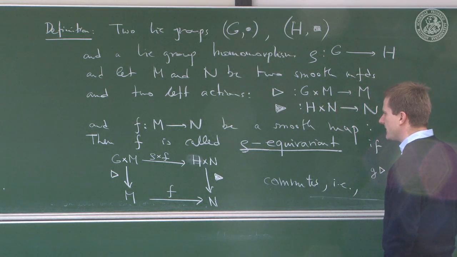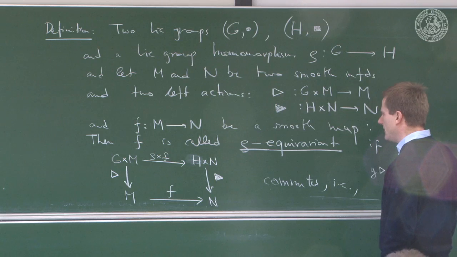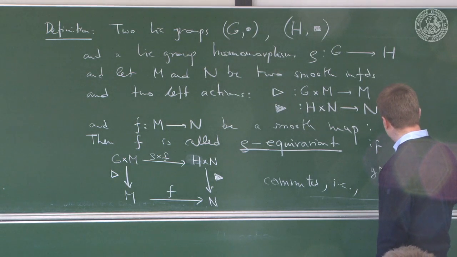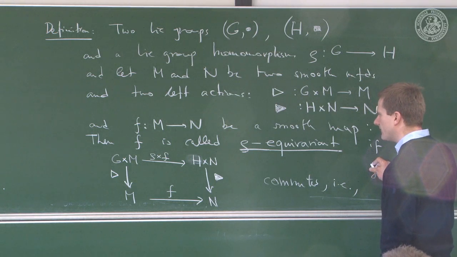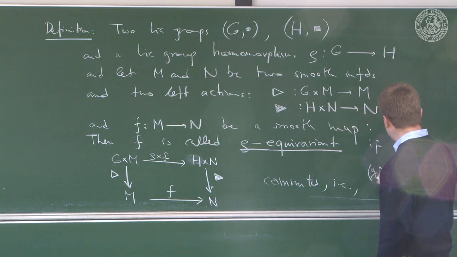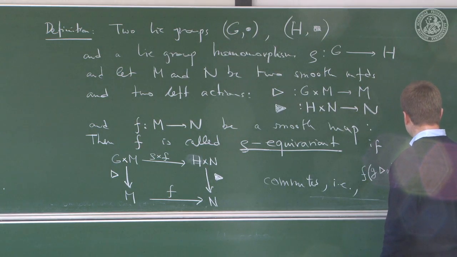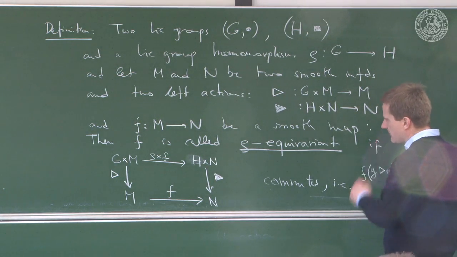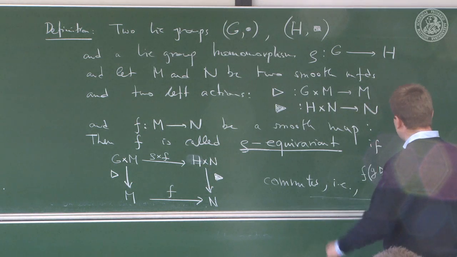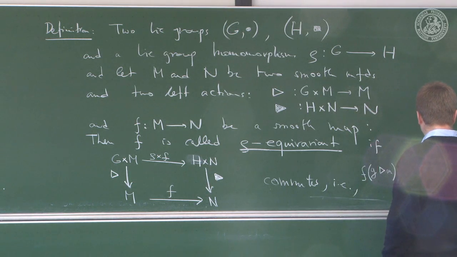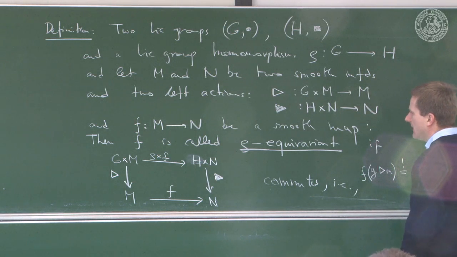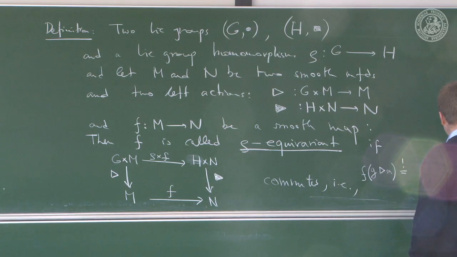You let it act on some m, so some little m is a point in M. You let it act, and then you take the function F to map it, and this is supposed to be the same as you first map the g by rho, and you map the m by F, and then you take the result and you use the solid action.